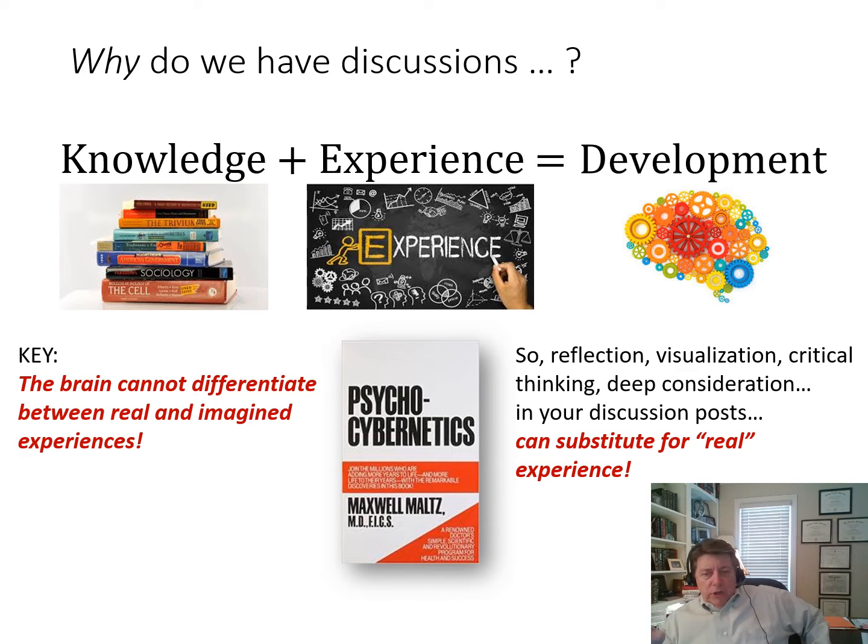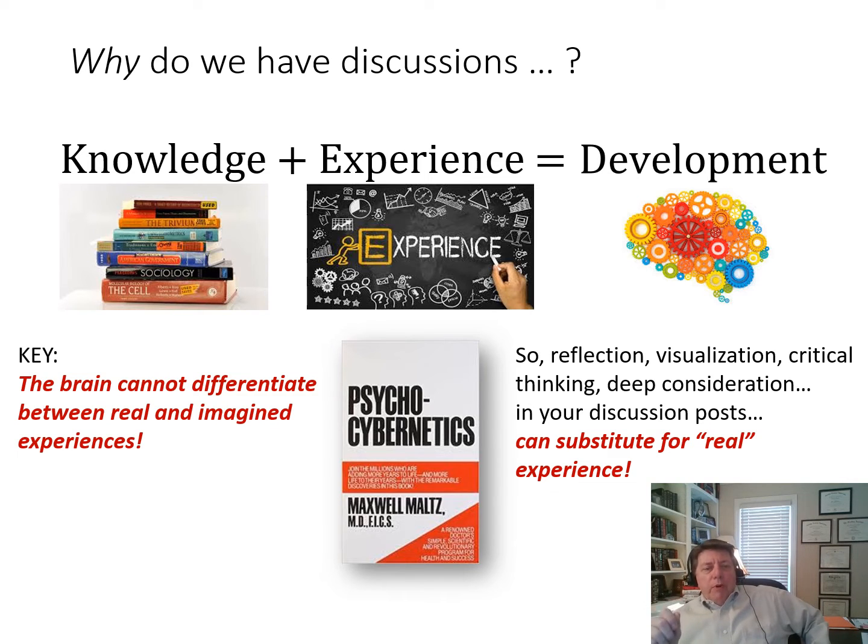Now here's a tip for us in academia. There's a lot of research out there that suggests that the brain cannot differentiate between real and imagined experiences. So if you acquired knowledge and on the job went out and used that knowledge, then you have physical, real experience. However, in academia, how will you use that knowledge? Well, again, the brain cannot differentiate between real and imagined experiences.